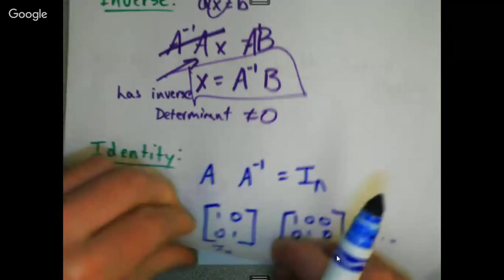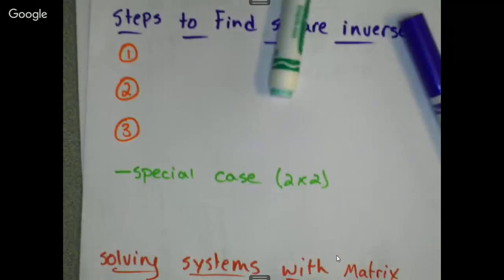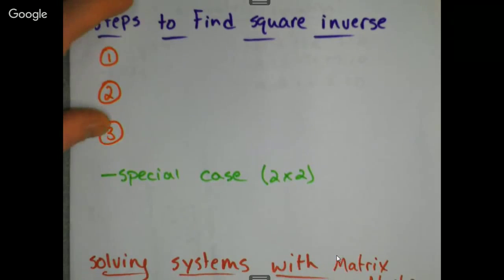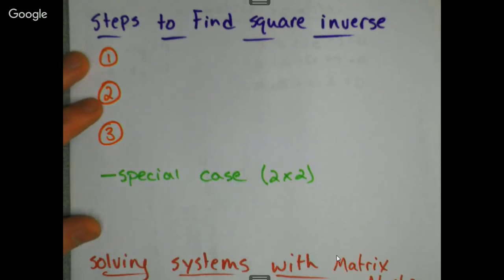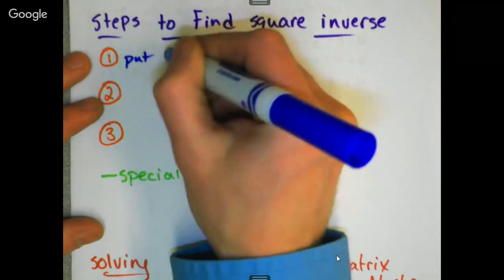I'll show you the steps here. Steps to find a square inverse. Step one is put into an augmented matrix.